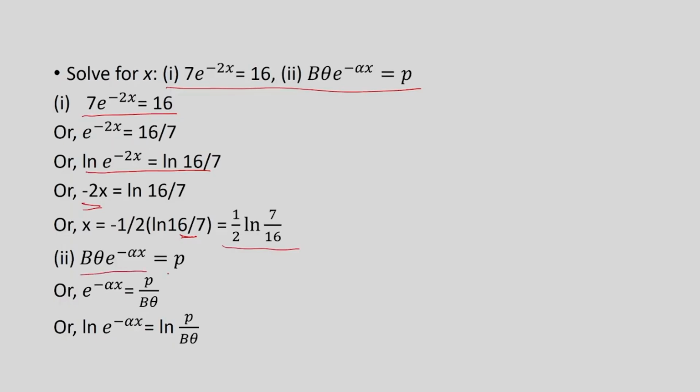Capital B multiplied by theta e to the power minus alpha x is equal to small p. So, we have to solve for x.